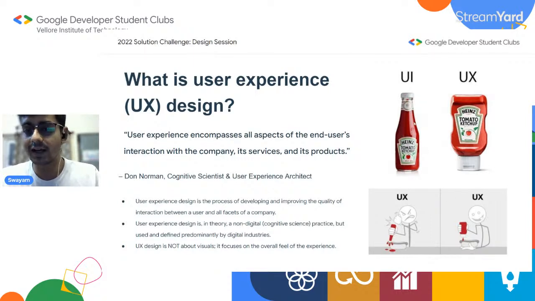This shows how a glass tomato ketchup bottle has a better UI. It looks, I'd say, more expensive and looks better, but it is not very usable, because you can see the person has to slam around the bottle to get the ketchup out. But UX wise, the squeezy bottle is so much better.